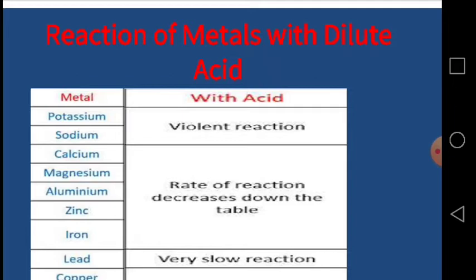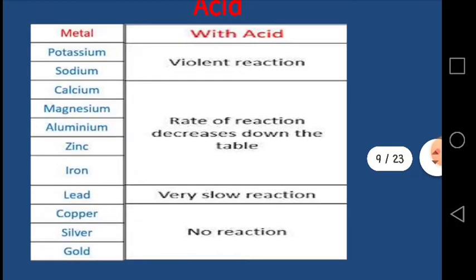Magnesium reacts rapidly to give hydrogen gas, while zinc reacts moderately fast, and iron reacts slowly to give hydrogen gas. As you can see, when we move from top to bottom, the reactivity of the metals with dilute acid decreases, while lead, copper and silver show almost no reaction with the acids.